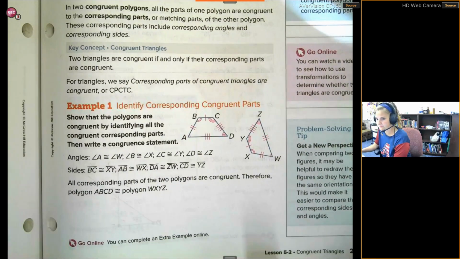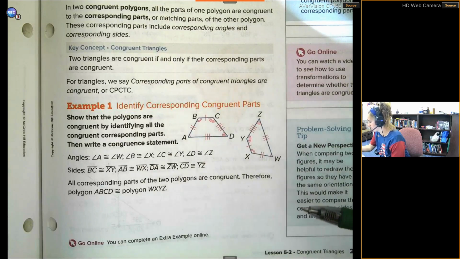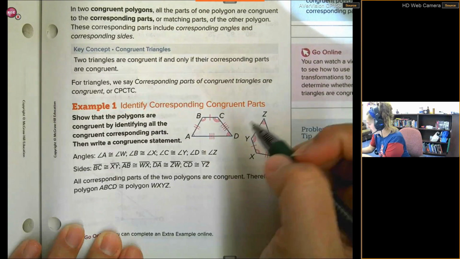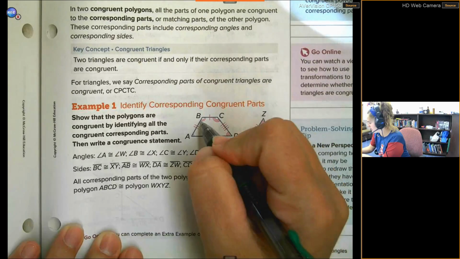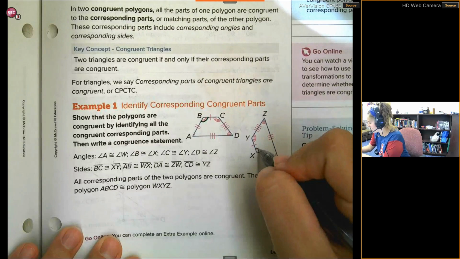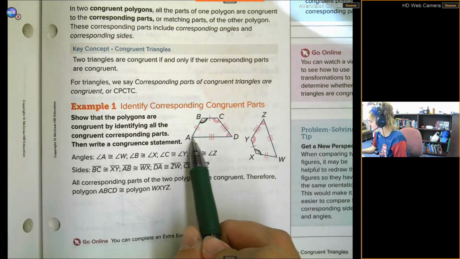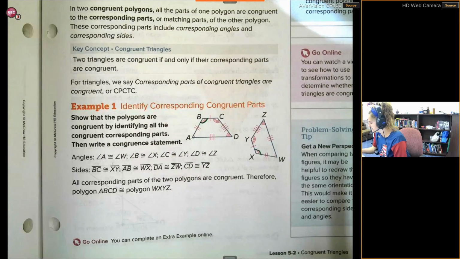Okay, example 1, identifying corresponding congruent triangles. We're not going to write this one in your notes. It says, show that polygons are congruent by identifying all the congruent corresponding parts. So, angle B would go with which one? Angle X, because it has the same number of lines, right? Okay, what about side AD?